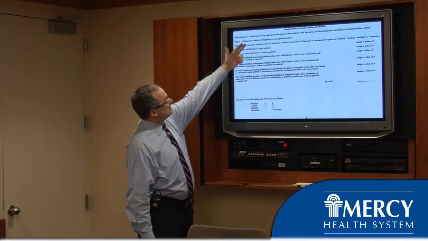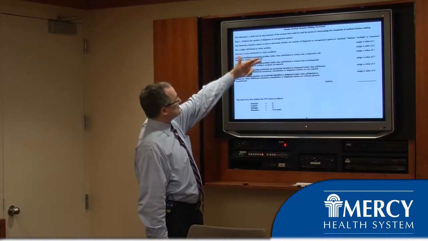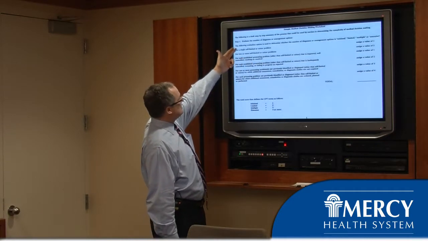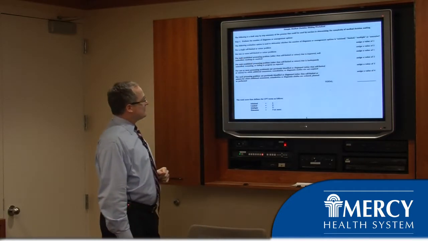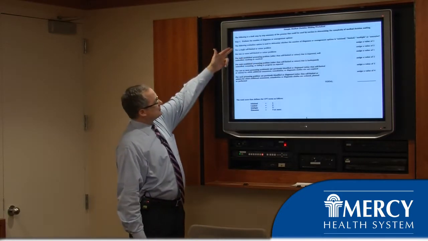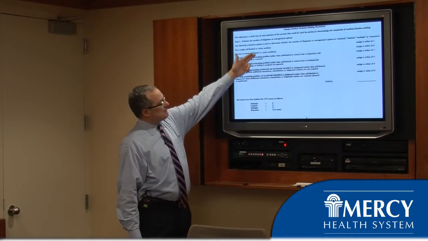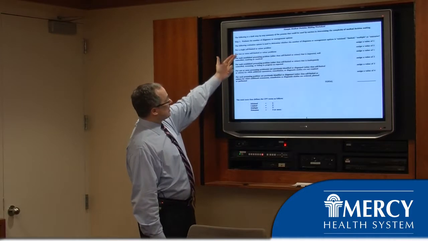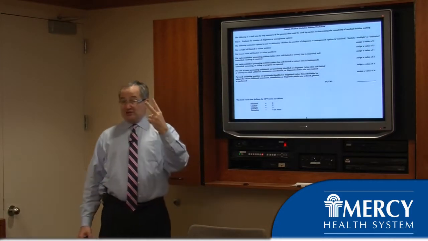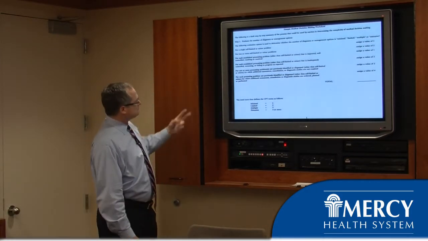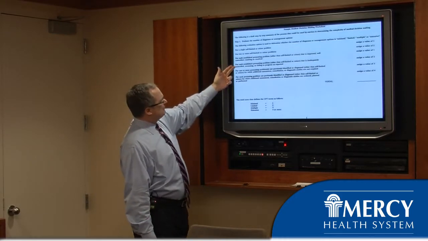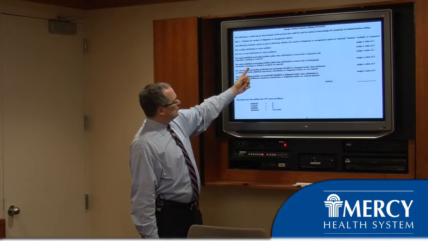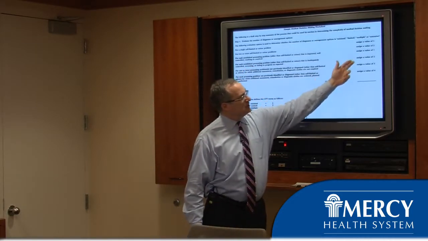Here is a draft step-by-step summary of the process that can be used by carriers in determining complexity of decision making. Step 1, evaluate number of diagnoses and management options. So first, is it a self-limited or minor problem? If so, it gets 1 point. If there are 2 self-limited or minor problems, it gets 2 points. For each established problem that is inadequately controlled, worsening or failing to respond, 2 more points.